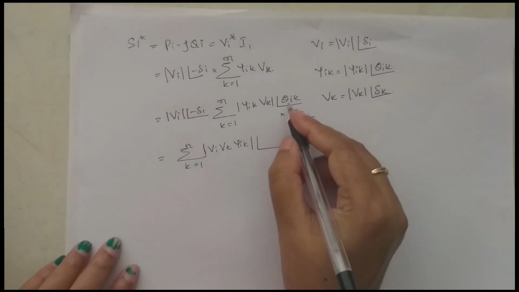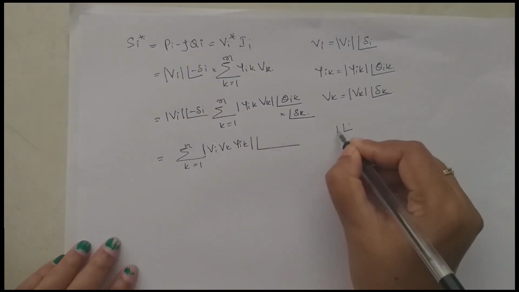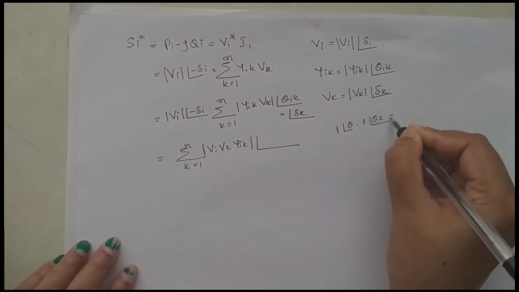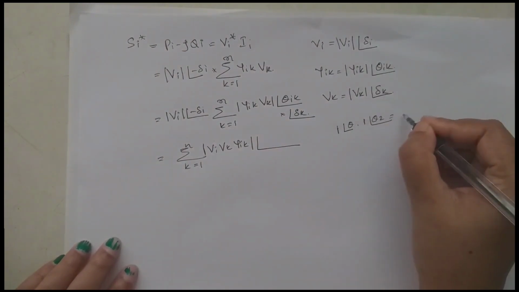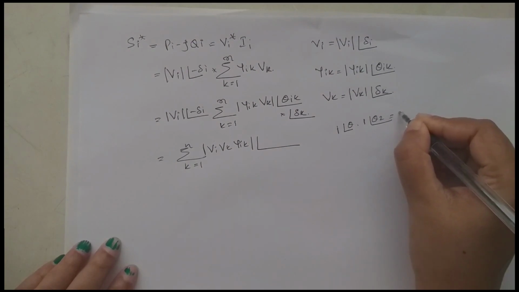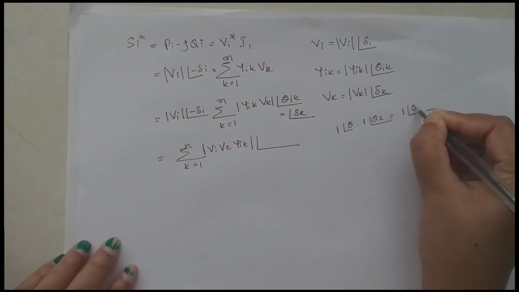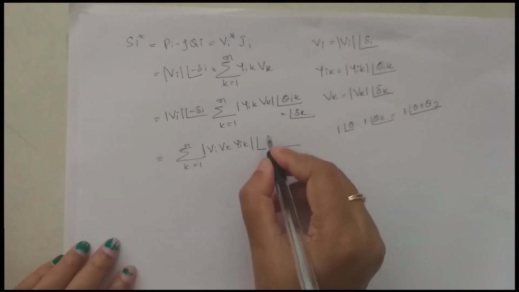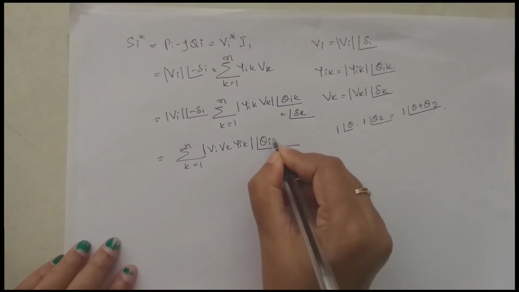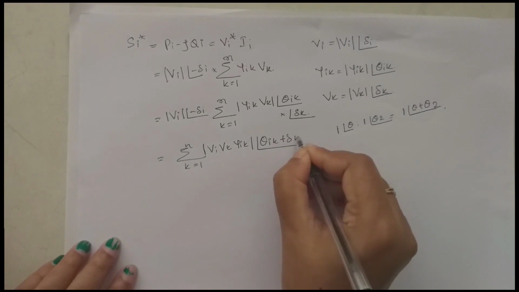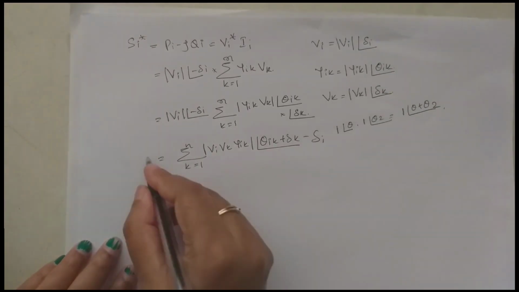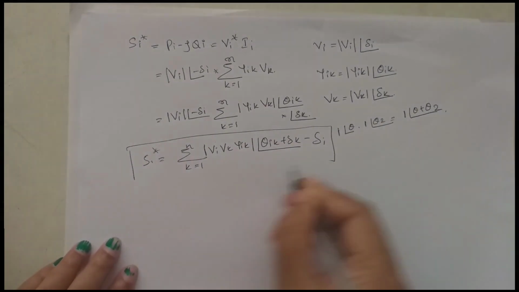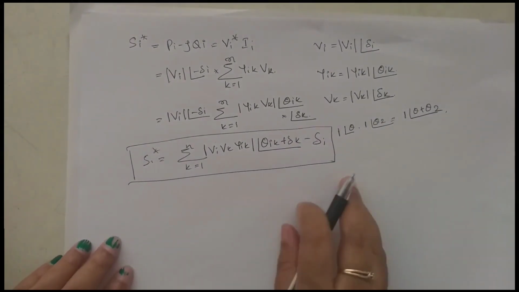If 1 at an angle theta 1 into 1 at an angle theta 2 is there, then we can add the angles like this: 1 at an angle theta 1 plus theta 2. In that way, when we add it, theta ik plus delta k minus delta i it becomes. So Si conjugate is equal to so much.